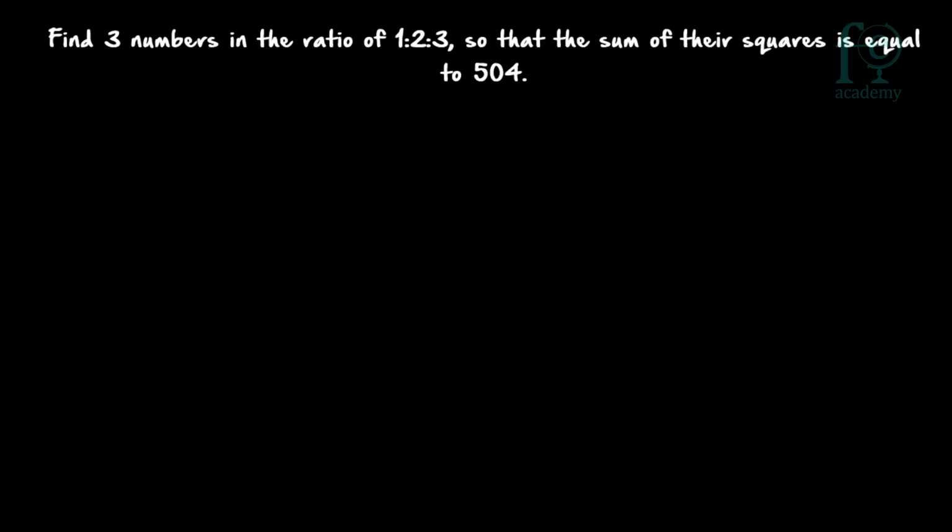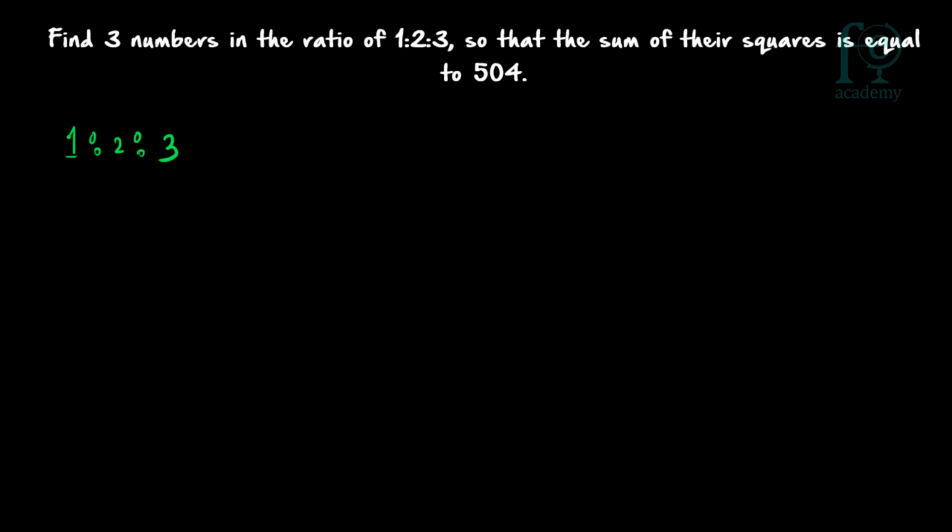Now question number 2. Find three numbers in the ratio of 1:2:3 so that the sum of their squares is equal to 504. So there are three numbers given, and these three numbers are in the ratio of 1:2:3 and the sum of their squares is equal to 504. So how to do this question?